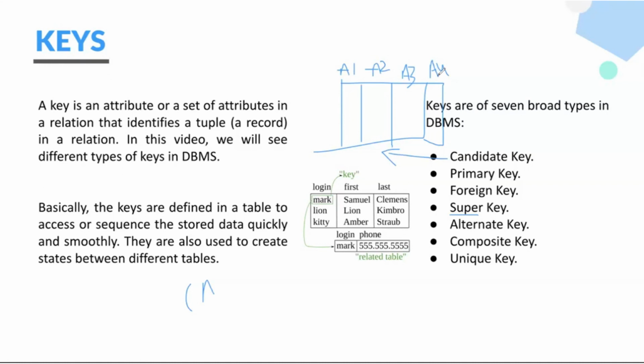Okay. So let's say we have this example A1, A2, A3, A4, and A1 and A2 are the candidate key. That's the smallest set of attributes which is defining each and every row, each and every tuple uniquely. So this is a candidate key. So what can be your super key? If this is your candidate key, then A1, A2, A3 will also define uniquely, right?